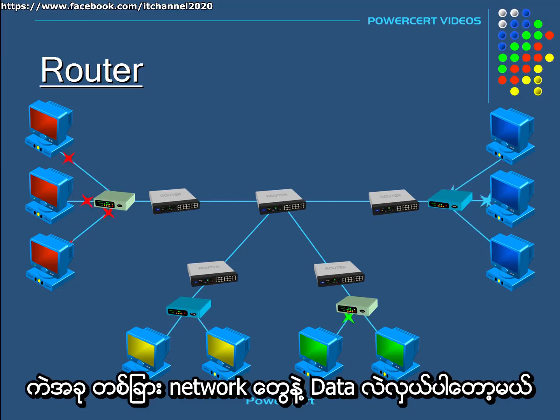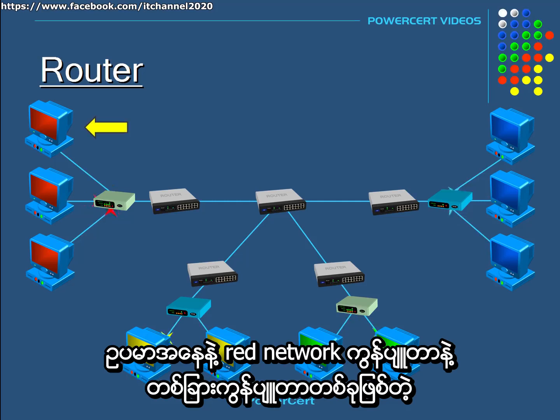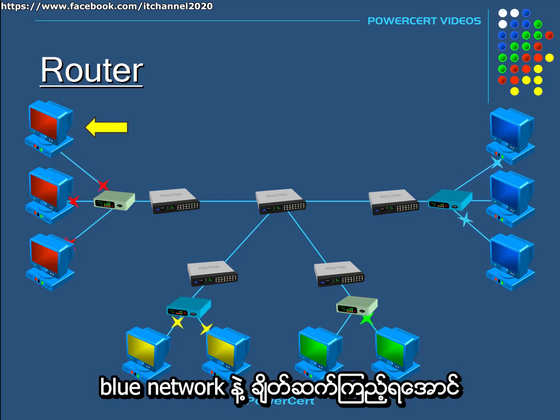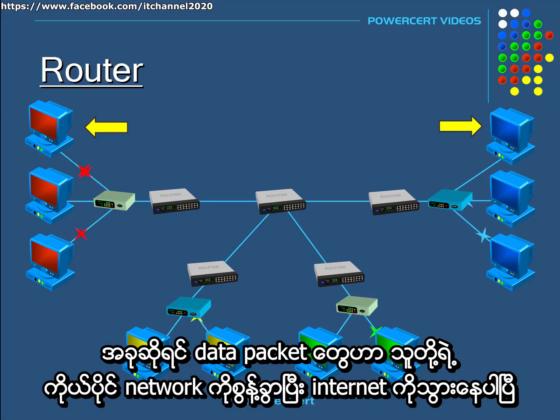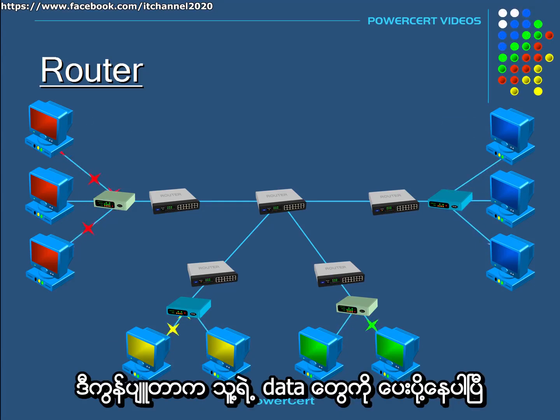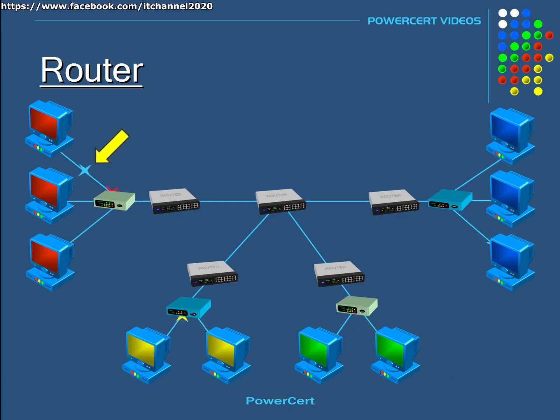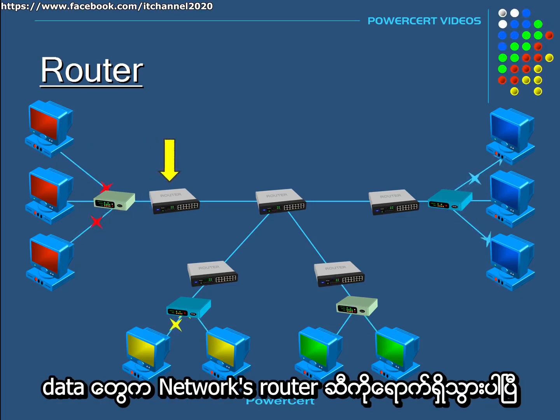Now let's go ahead and exchange data between different networks. So let's say, for example, that this computer here on the red network wants to communicate with a computer here on the blue network. So for this to happen, the data packet has to leave their own network and go out on the Internet. So the computer sends their data, and it goes to the network's router.